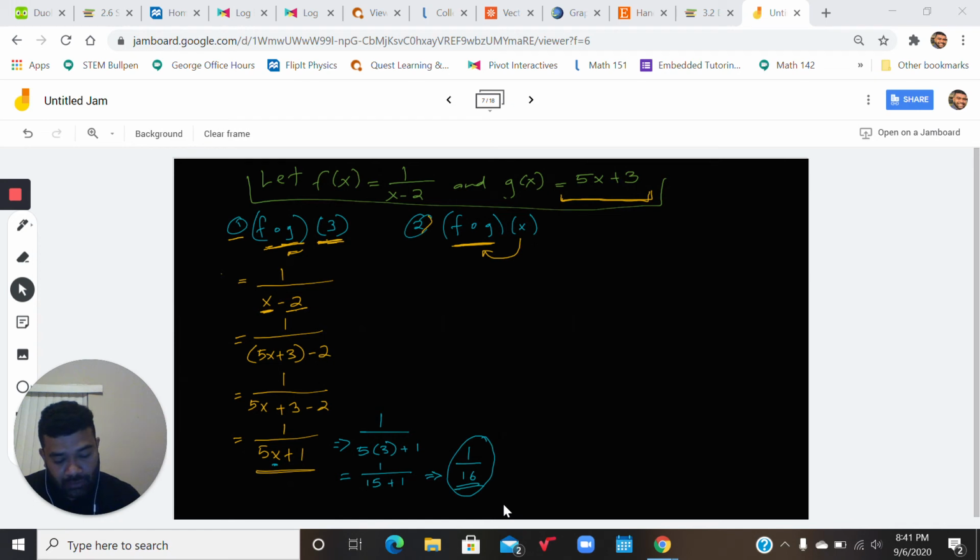And now if you look at part 2, I'm going to shift it to the right. Now it says f of g, and once you solve this problem right here, you substitute x with this x. What it means is this x can represent any number on the horizontal axis.